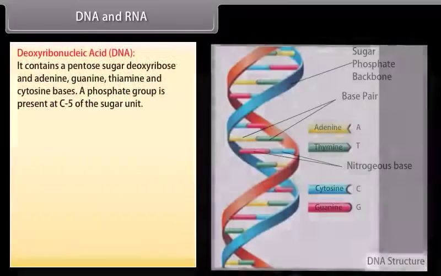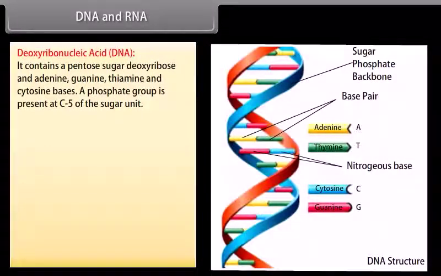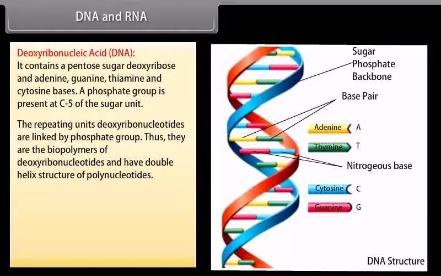DNA and RNA. Deoxyribonucleic acid. It contains a pentose sugar deoxyribose and adenine, guanine, thiamine, and cytosine bases. A phosphate group is present at C5 of the sugar unit. The repeating units of deoxyribonucleotides are linked by phosphate group.